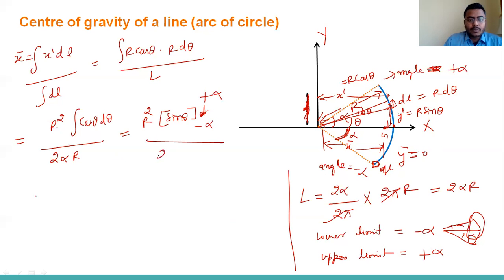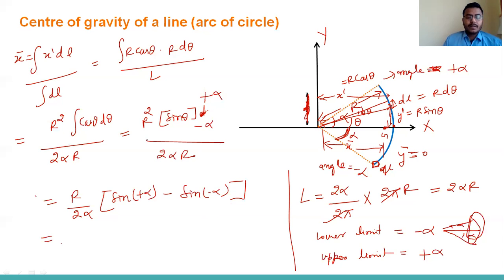Divided by 2 alpha r. R will cancel, so we can write r divided by 2 alpha into sine of plus alpha minus sine of minus alpha. Now again we have one formula for this: sine of minus theta is minus sine theta.